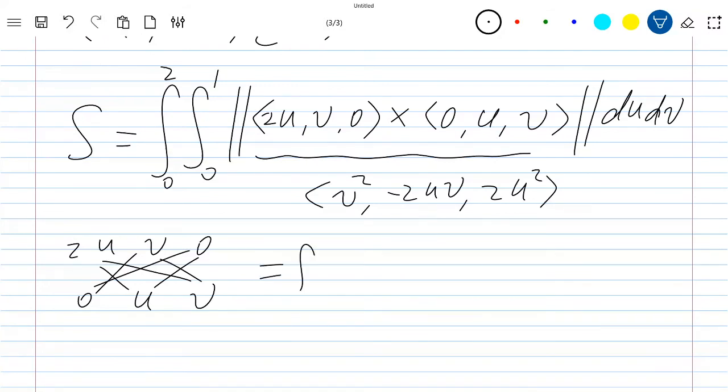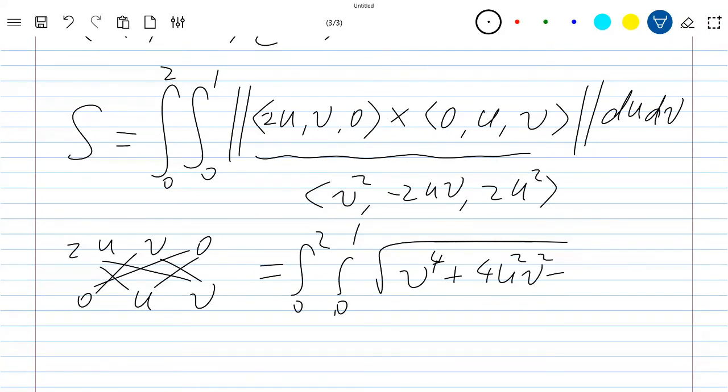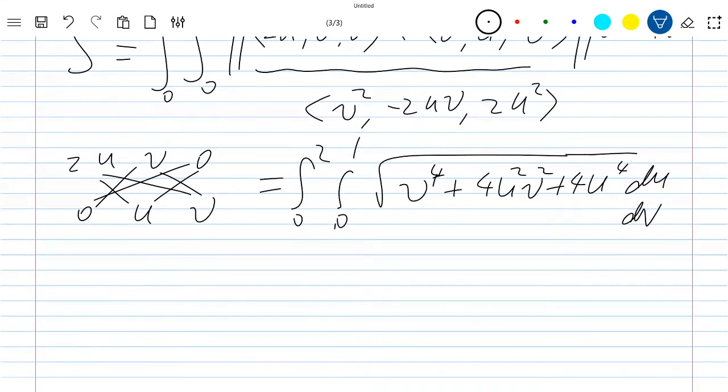So then you have the square root of v to the fourth plus 4u squared v squared plus 4u to the fourth, and then dudv. Does that look good?